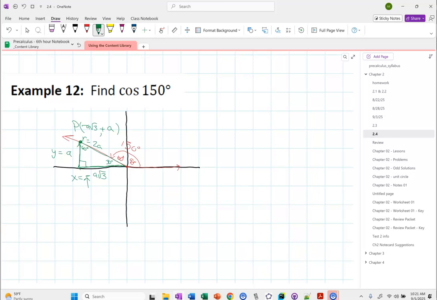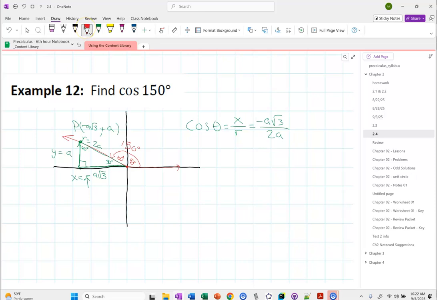Everything we need to do cosine of 150, right? So if I go back to my unit circle definition, or my point on a terminal side definition, cosine is x over r. So that's negative a root 3 over 2a. Everybody feel good?